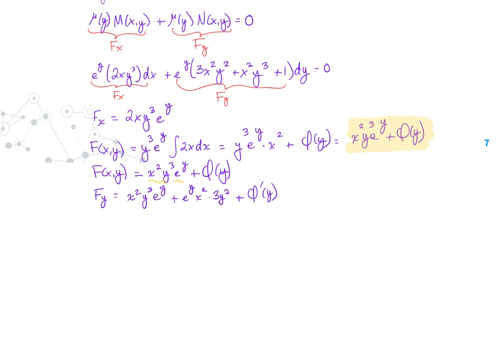So what we end up having for f sub y is x squared y cubed e to the y plus 3x squared y squared e to the y plus phi prime of y.